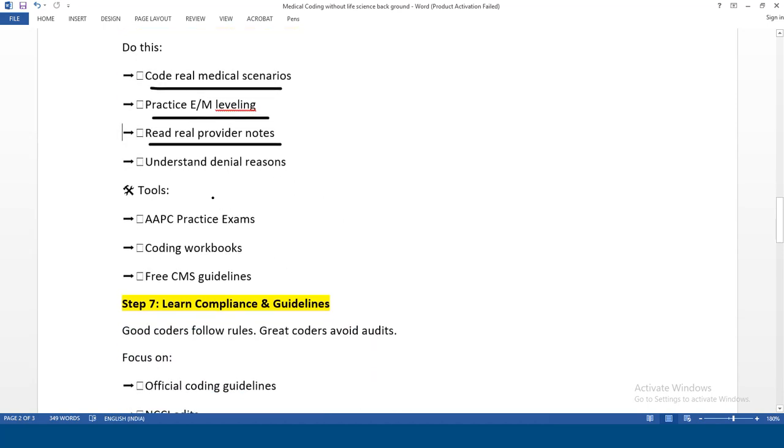Also try to understand the denial reasons. If you don't know denial medical coding, please check the FastCoder 21 YouTube channel, where we have more videos related to denials. The tools you need are AAPC practice exams, coding workbooks, as well as CMS guidelines. You need to master medical coding if you are from a non-medical background.